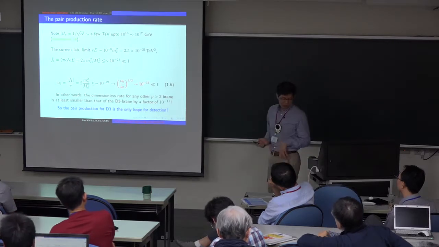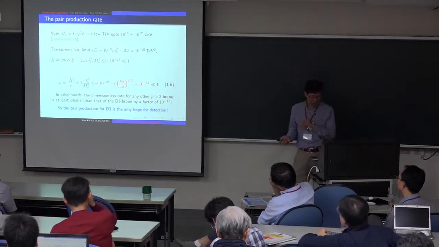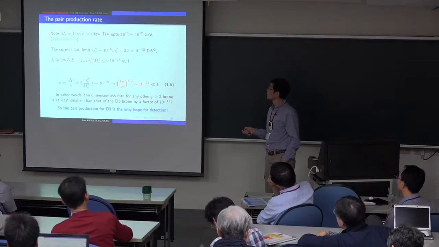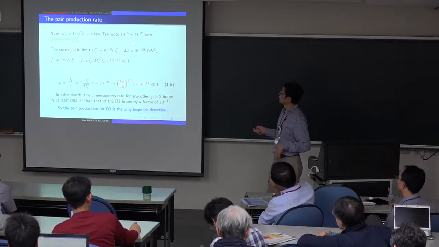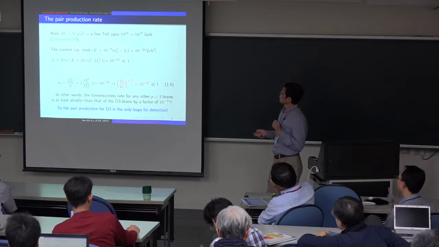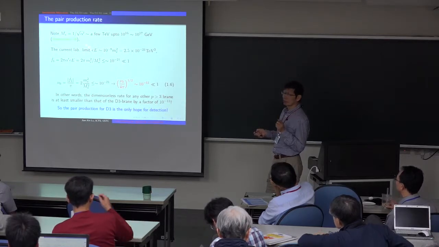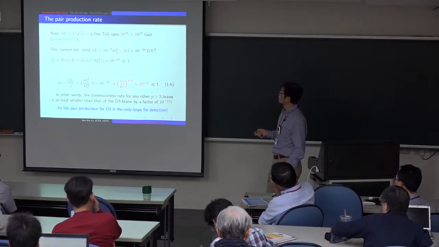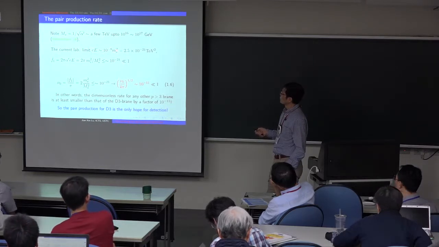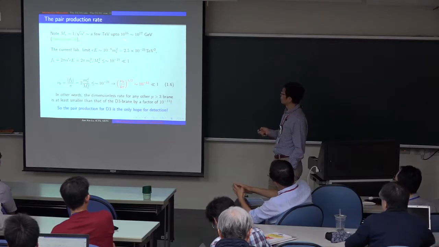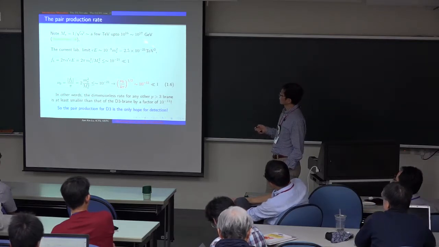Let me give an estimate of how small the factor I just mentioned is. For example, the string scale is at least a few TeV. The current level for the electric field is something like 8 m_e squared, where m_e is the mass of the electron.